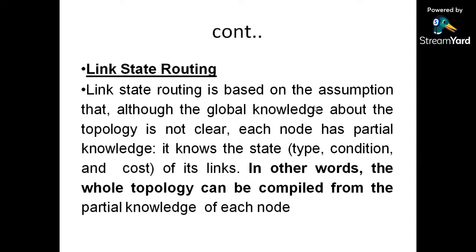Each node has partial knowledge. It is the state, that is the type, condition, and cost of this link. In other words, the whole topology can be compiled from the partial knowledge of each node.